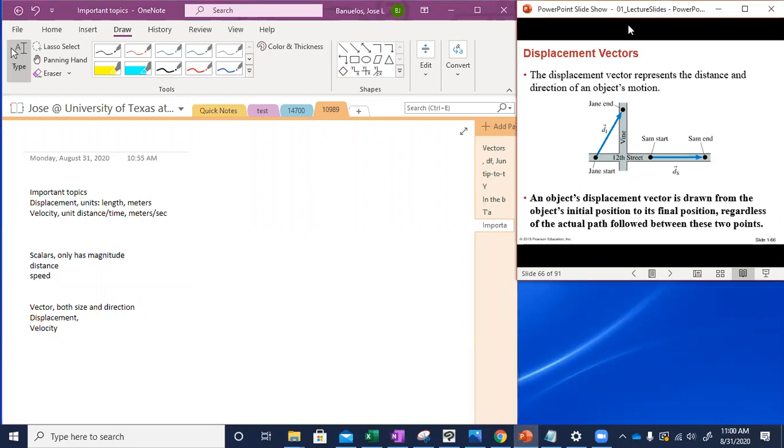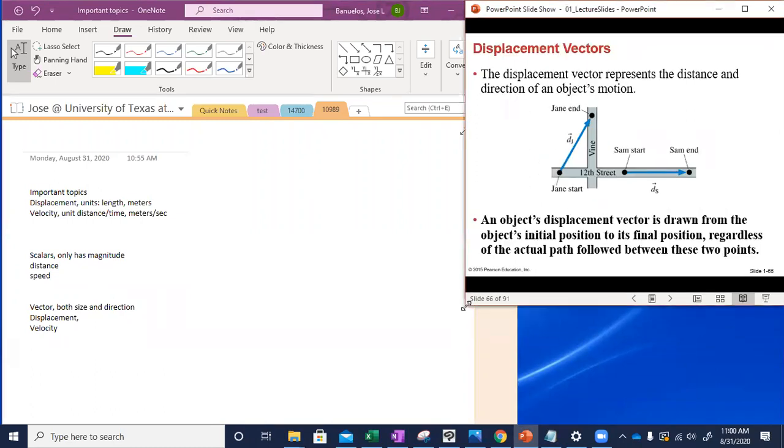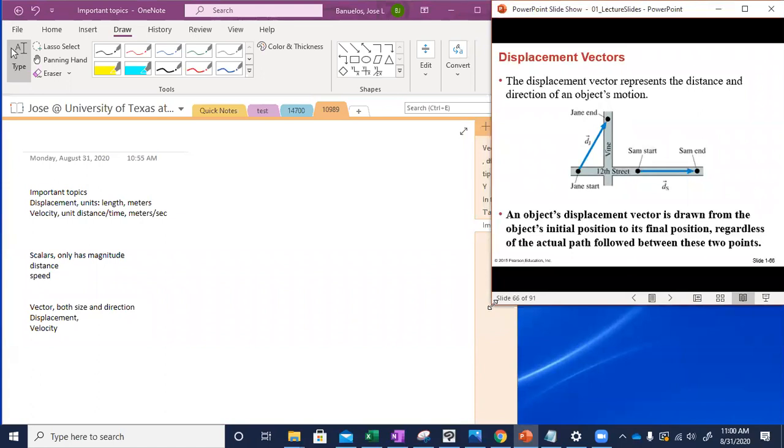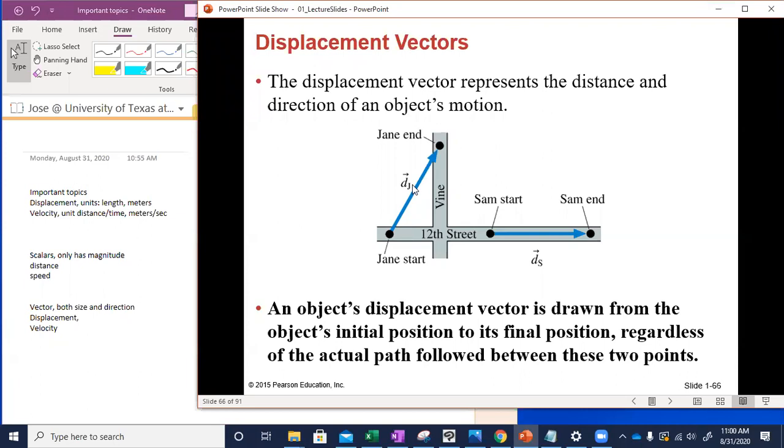And so when you see the cartoon here, we have Jane, who starts off at some point on the left-hand side of the intersection, and then moves over to a new location. When you look at Jane's blue arrow, the magnitude of the arrow is about the same size as Sam's arrow.